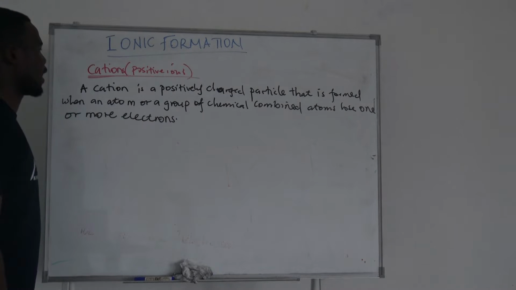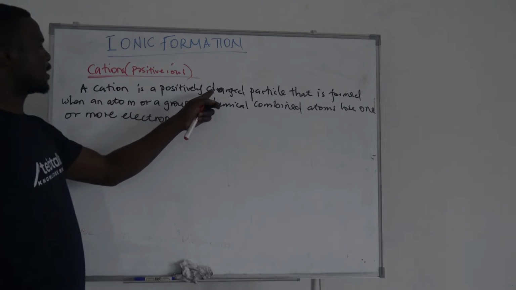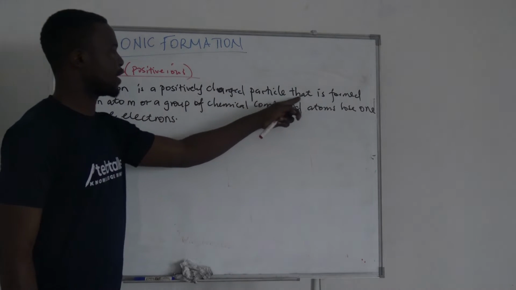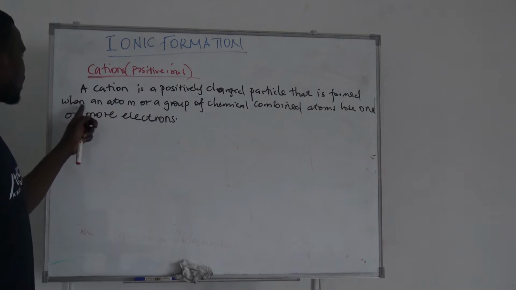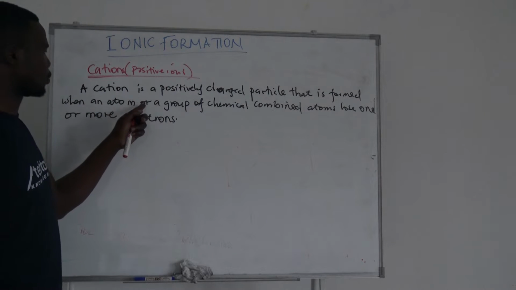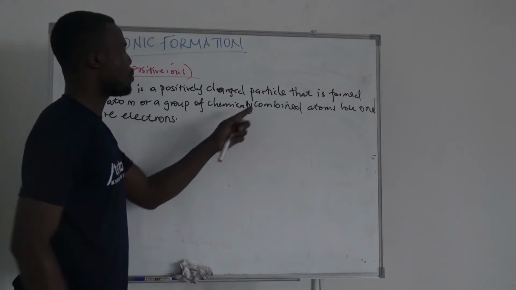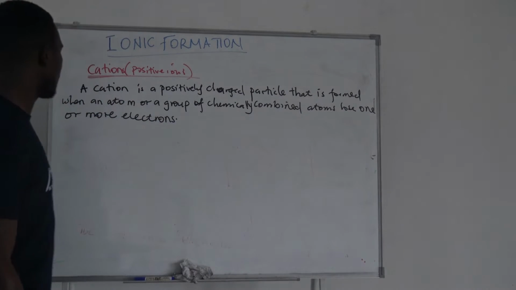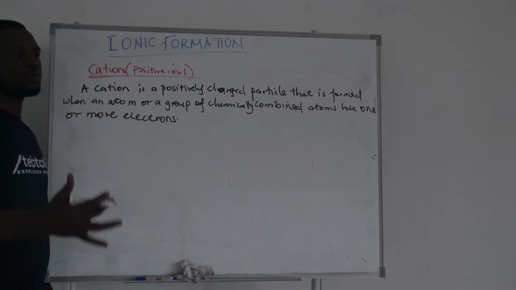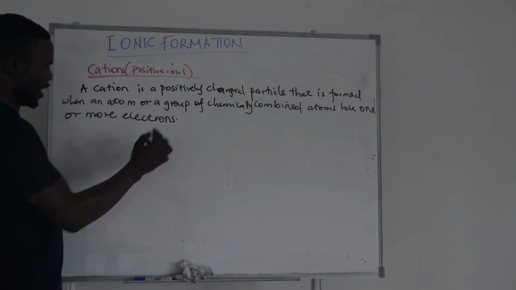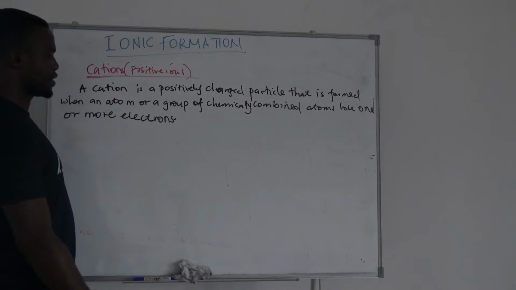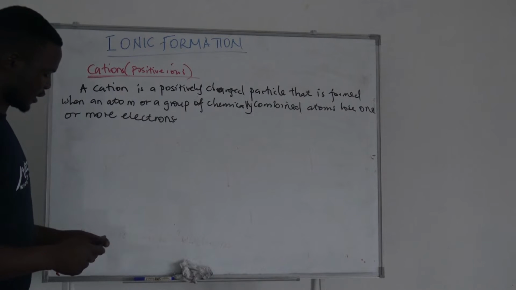So you're saying a cation is a positively charged particle that is formed when an atom or a group of chemically combined atoms lose one or more electrons. We say that is a cation.